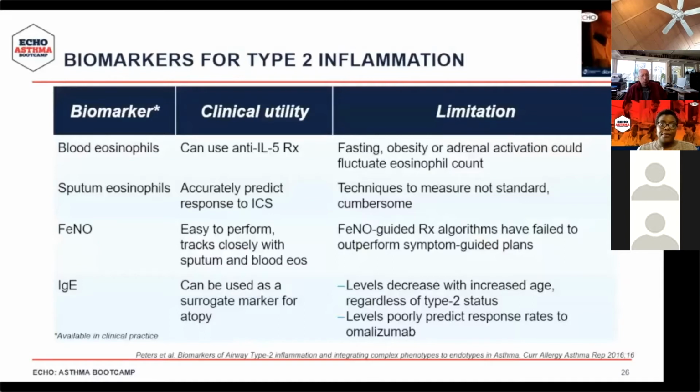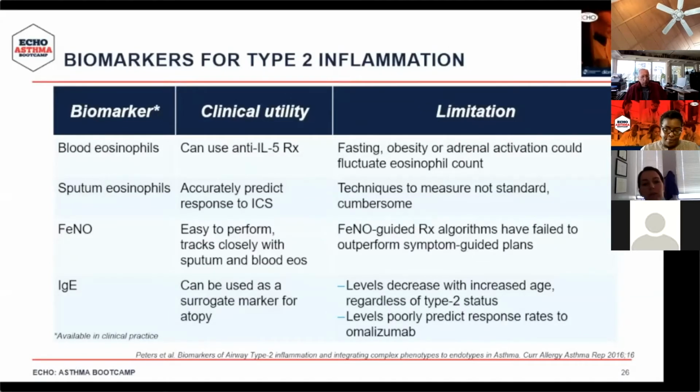And so these are some of the biomarkers that are currently available for helping manage our patients. Blood eosinophils is easy to get. You can routinely obtain a CBC with a differential count or specifically ask for blood eosinophil counts. It can be used to assess if your patient qualifies for anti-interleukin 5 treatment. And we'll talk about it at a later session.